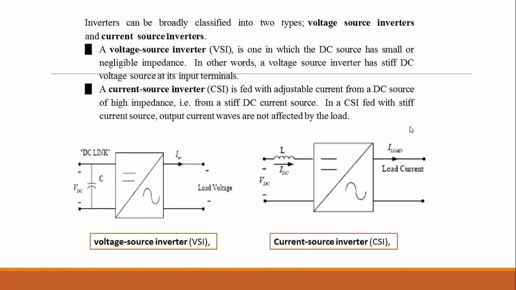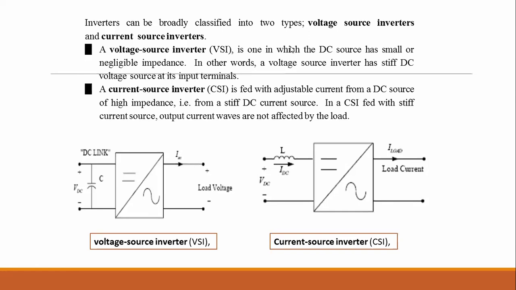Broadly, inverters are classified into two categories: one is the VSI and the other is the CSI. The VSI is the voltage source inverter, in which the DC source has small or negligible impedance, whereas the CSI, the current source inverter, comes with adjustable current from a DC source whose impedance is high.